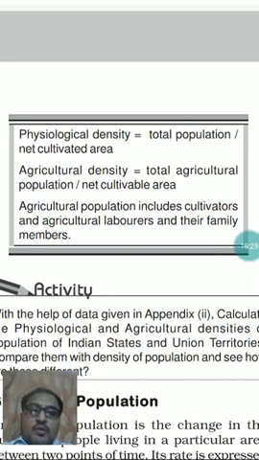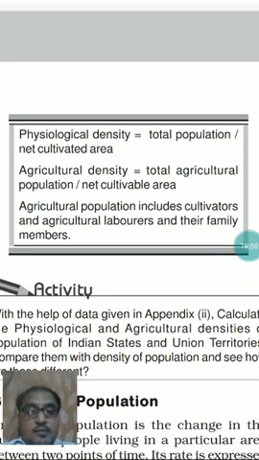Physiographical density is the total population of a particular region, area, state or country divided by the net cultivated area of that particular region, state or country. If we are studying the state of Bihar, the total population of Bihar is divided by the net cultivated area of Bihar, not the total area of Bihar.